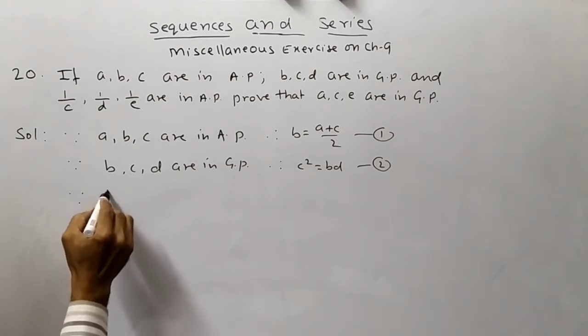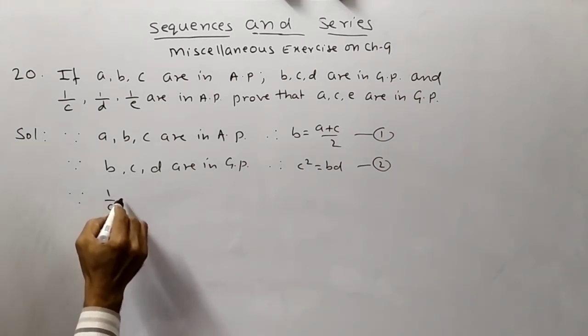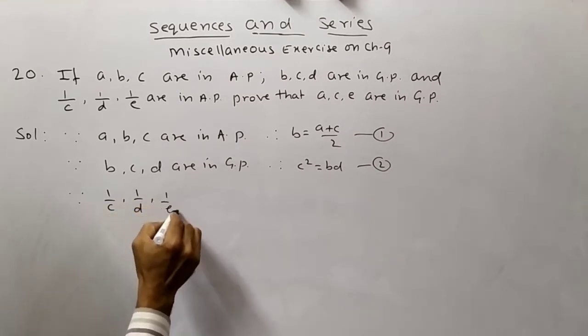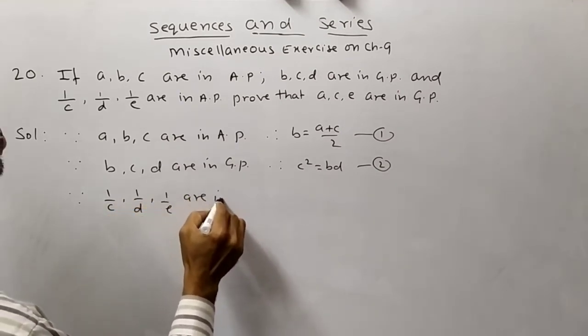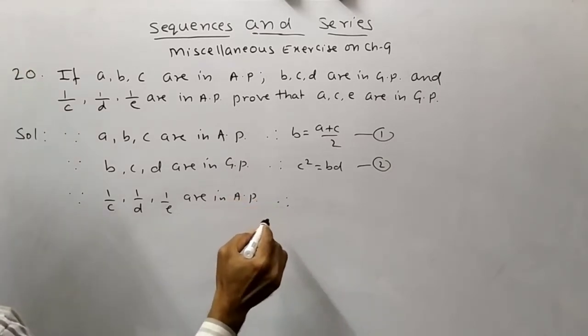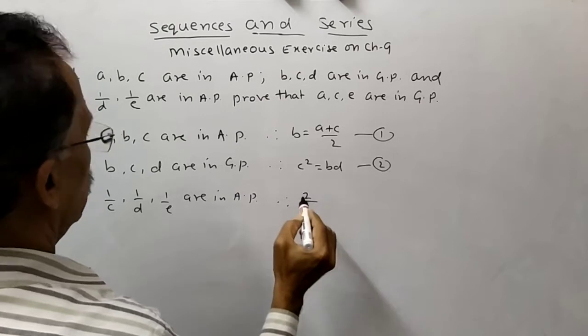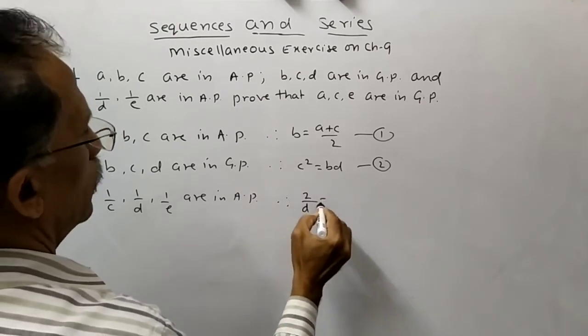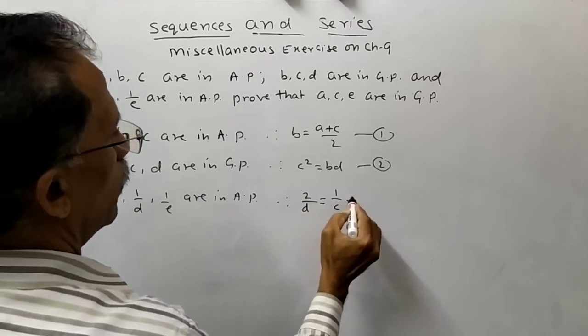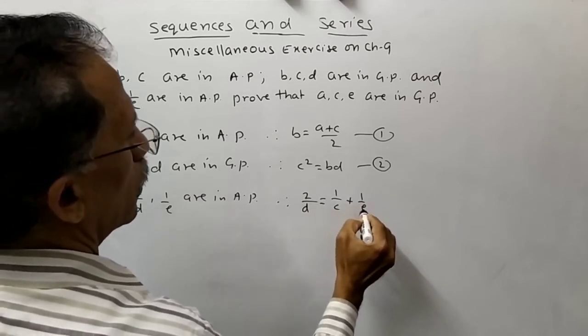Since 1 by C, 1 by D, 1 by E are in AP, therefore twice the middle term is equal to sum of first term and third term.